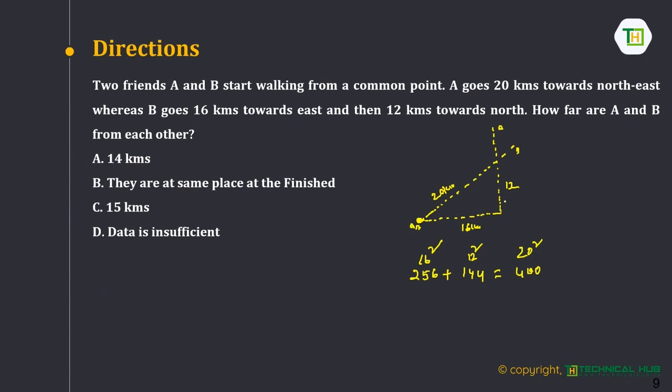So AC equals the square root of AB square plus BC square, which is 20. B reaches this position at 20, and A's northeast position is also 20. They are at the same place at the end. So this is the option.